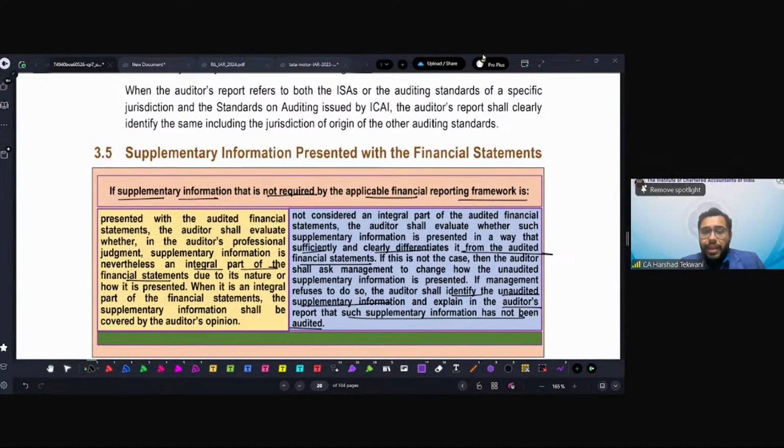You can ask management to present all such unaudited notes outside the financial statement, somewhere at the end of the financial statement, or keep all the unaudited notes in one place, not one here, one there. Otherwise this will create confusion.